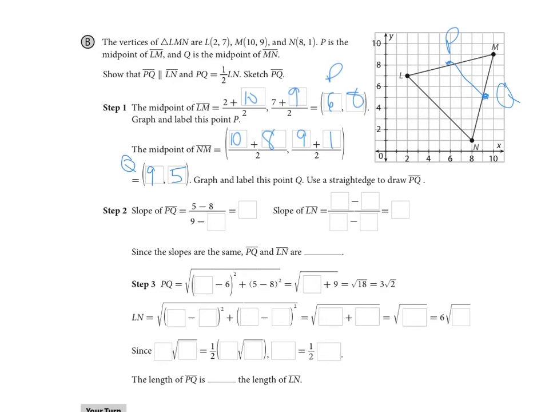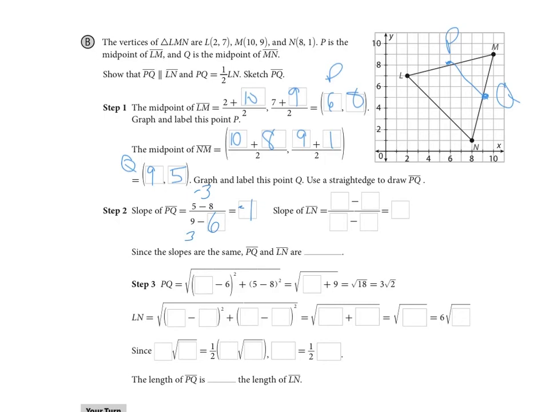Let's go ahead and first find the slope of PQ. So we're going to do here our 5 minus 8 all over 9 minus 6, and that comes out to be negative 3 over 3, or negative 1.